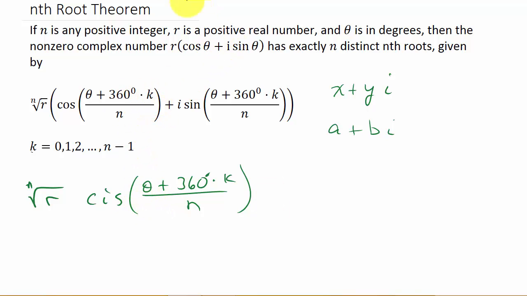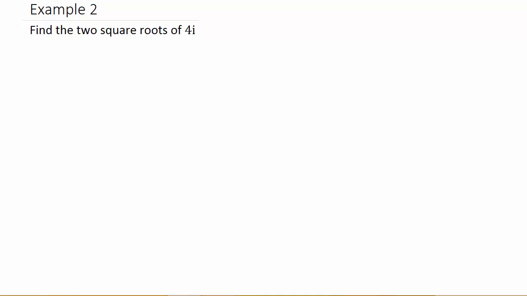You've probably seen in your trig class that r times cosine theta plus i sine theta can be written as r cis theta. That's how I'm going to write it when we're working the example, so I don't have to write all of this out, just the abbreviated form. Alright, so let's look at our example.